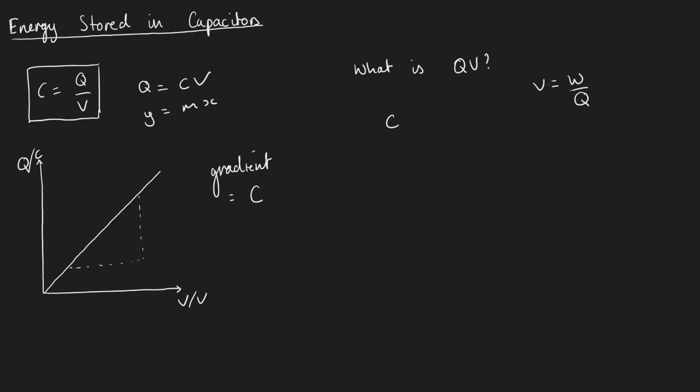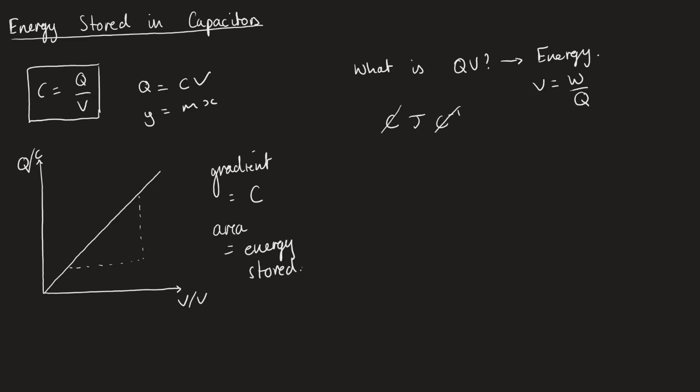So the voltage is measured in joules per coulomb, if you wanted to go into a different SI unit. Then these coulombs will cancel each other, and so QV is an amount of energy. That means the area underneath here must be the energy stored.